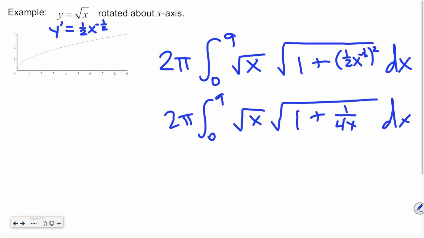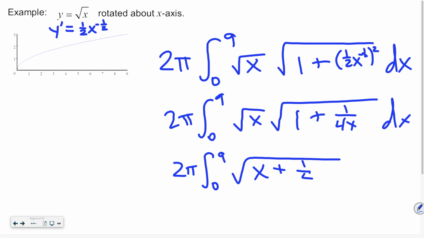What's nice about this one is our function was a square root, and we already have a square root. Can we multiply square roots together? We sure can, which means we just multiply what's underneath. So we get x plus 1/4.